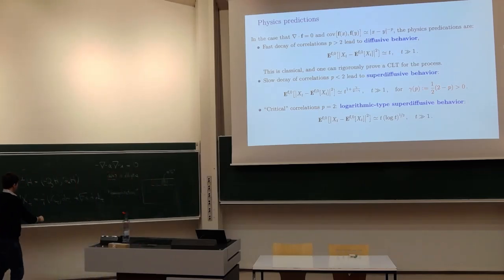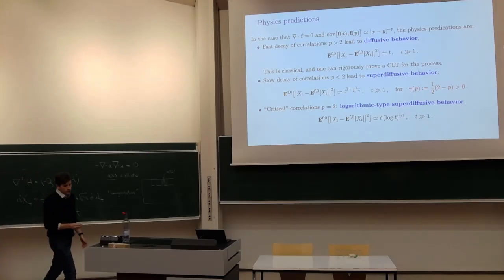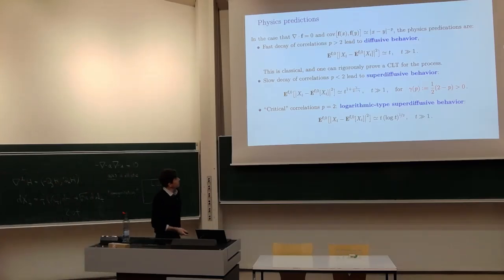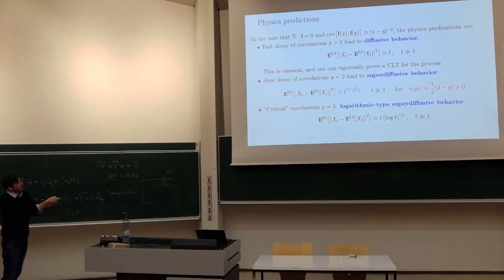If there was no f, the variance would be 2 nu t. You take the square root to get the standard deviation, and you get the square root of t scaling. That is the diffusive scaling. That's what you would expect. This is what Brownian motion satisfies. And if the correlations decay fast enough, the f will affect the constant that goes in front of the t.